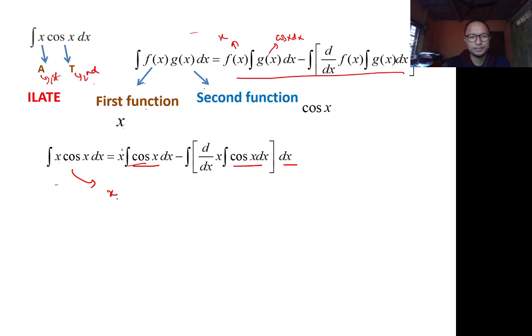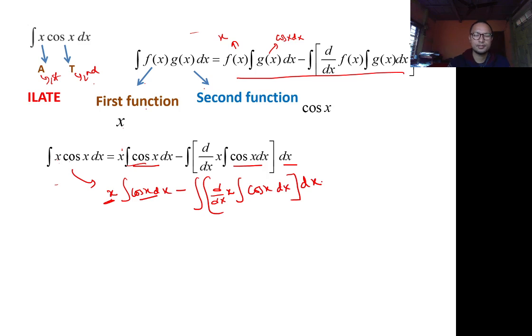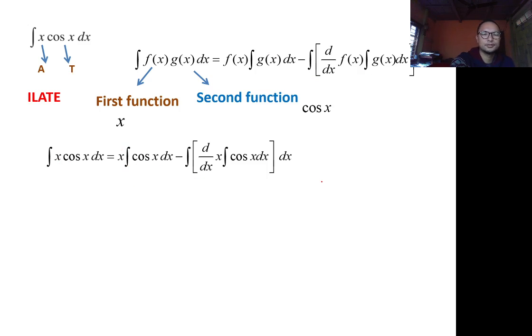First function times integration of second function, minus integral of the derivative of the first function times the integral of the second function, all integrated. That's it.